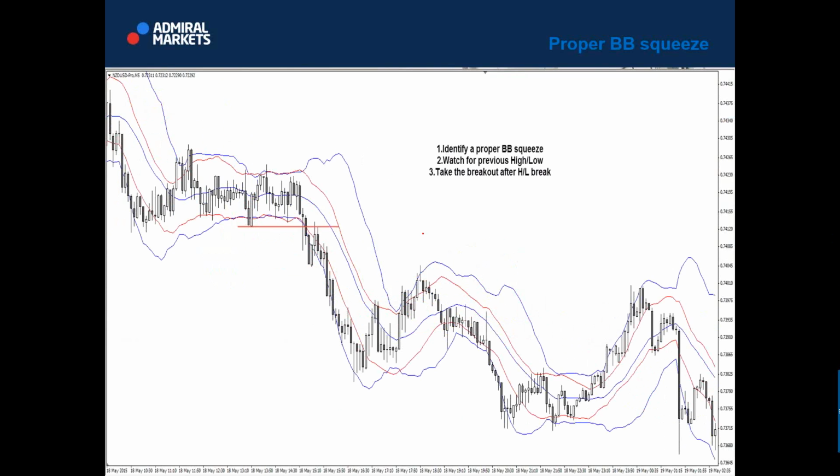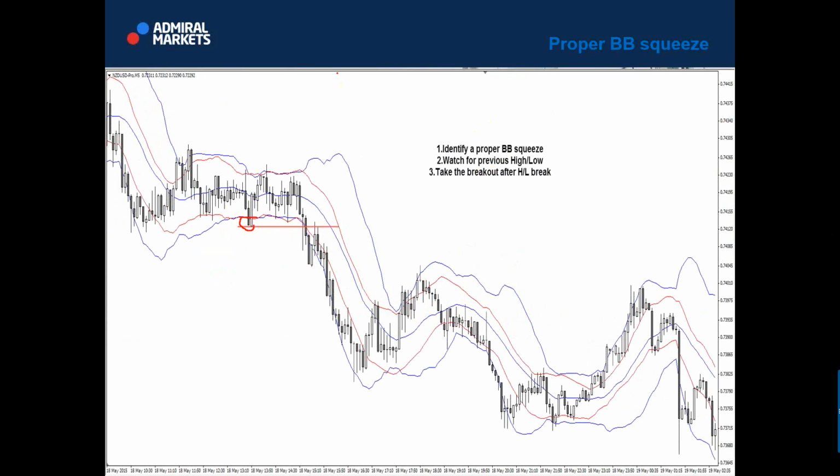Now there is one of the strategies where we can use this proper Bollinger Band squeeze, and the application is also seen on the M5 chart. Okay? You need to identify a proper Bollinger Band squeeze, then watch for the previous high and low, and take the breakout after the high or low break.